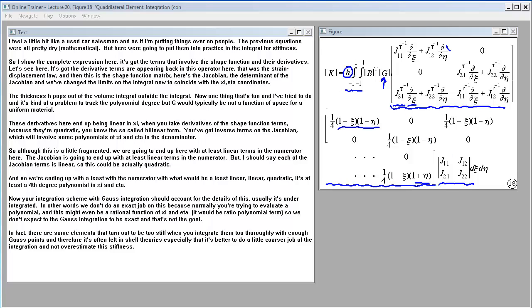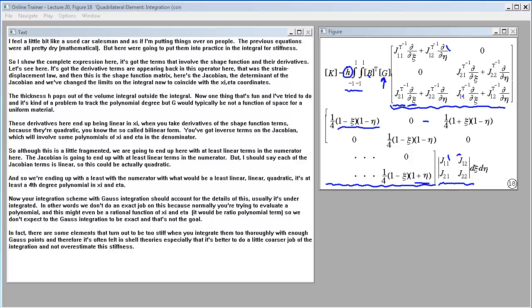So although this is a little fragmented, we are going to end up with at least linear terms in the numerator. Each of the Jacobian terms is linear, so this could actually be quadratic. It's at least a fourth degree polynomial in xi and eta.